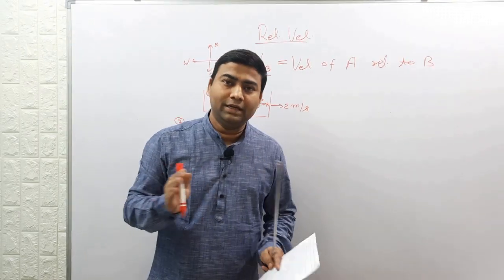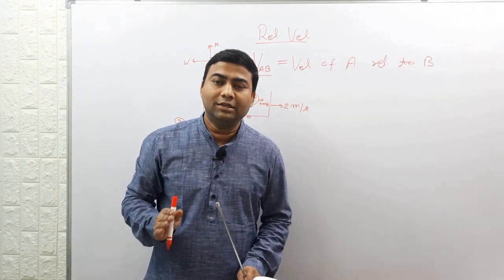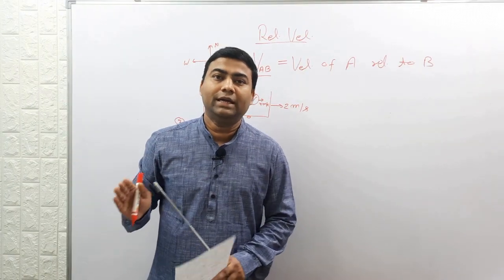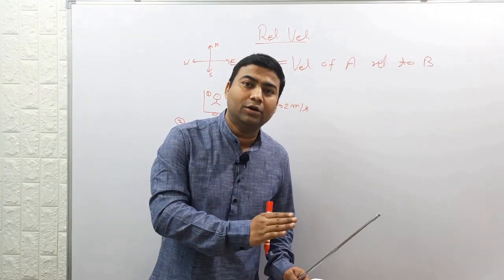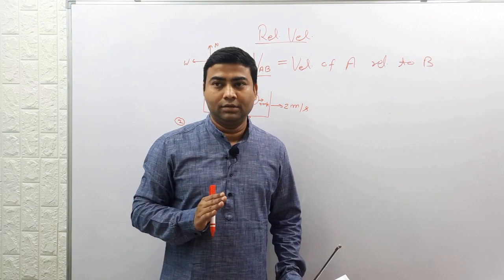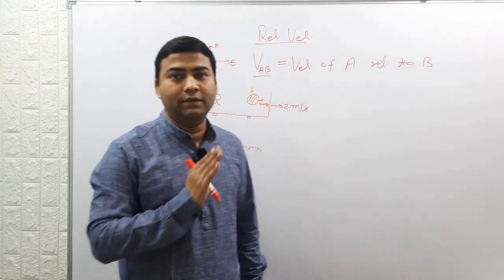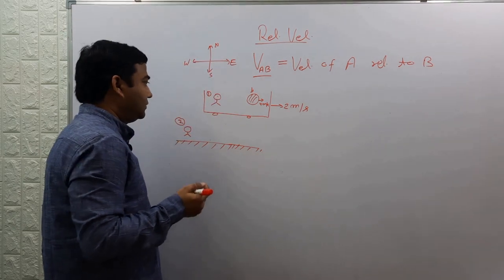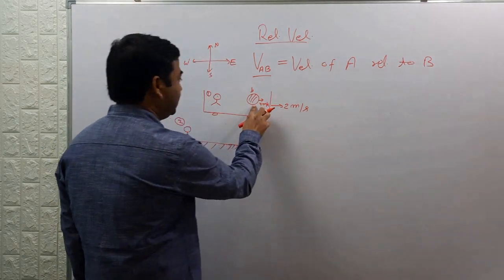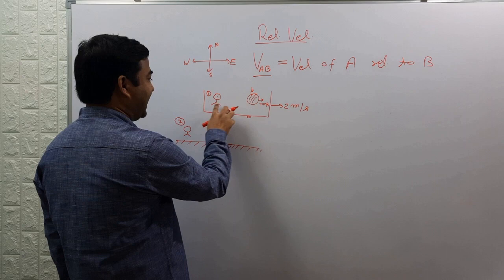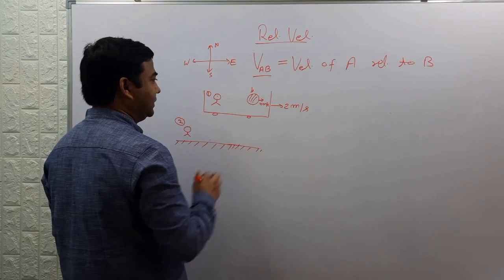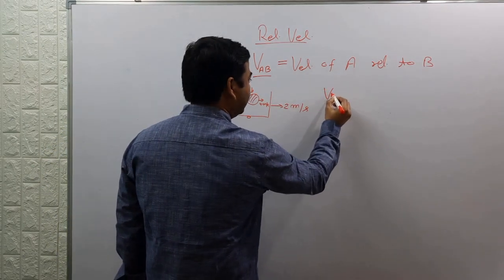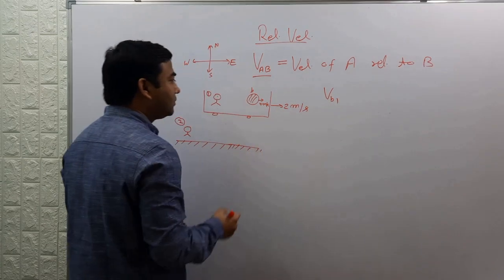Relative velocity of A with respect to B is nothing but the velocity of A as observed by observer B. That is the simple definition of relative velocity. So based on this definition, we can say the relative velocity of the ball as observed by observer 1 will be written as VB1.